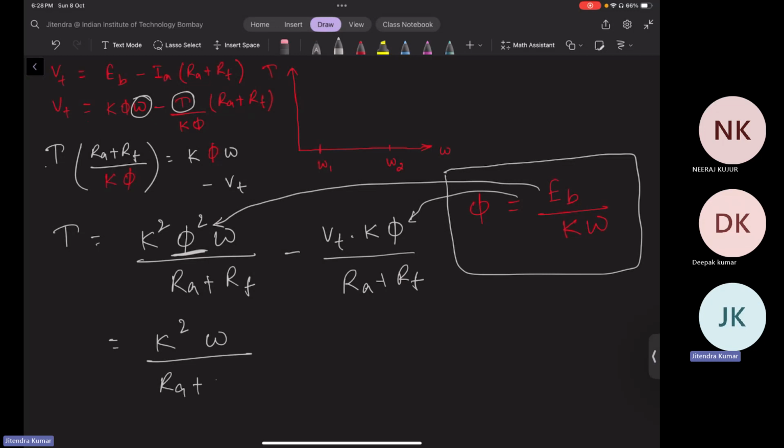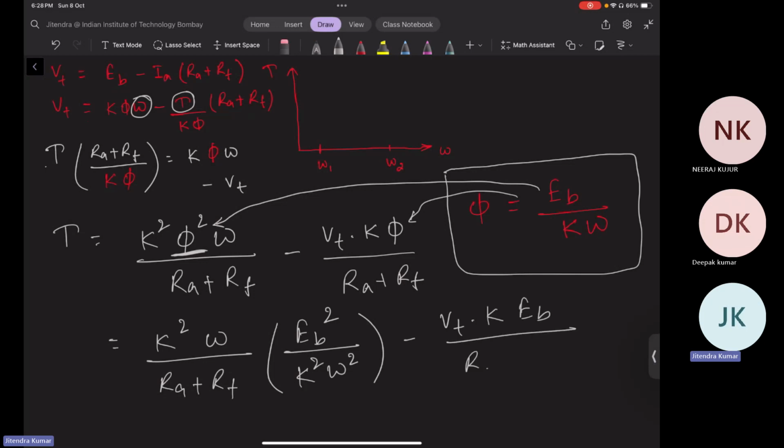So you will end up with omega Ra plus Rf, and phi is nothing but EB square divided by K square omega square, minus Vt into K phi, nothing but EB by Ra plus Rf into K omega.